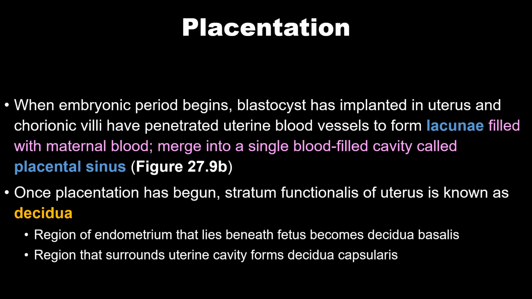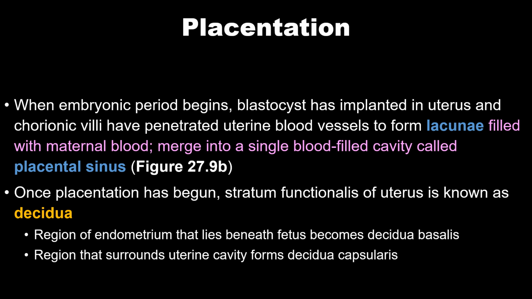Now, if you guys remember, when the embryonic period begins, the blastocyst has already implanted in the uterus, and the chorionic villi have penetrated the uterine blood vessels. So those lacunae have been formed and filled with maternal blood.